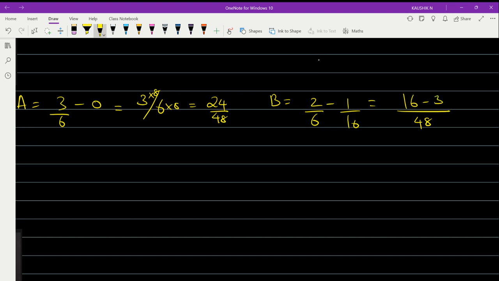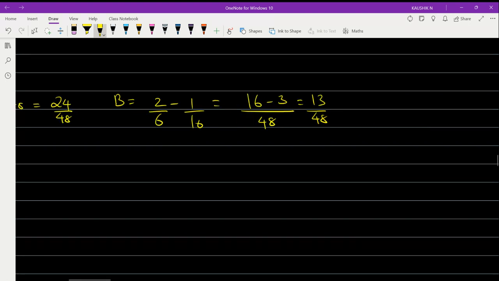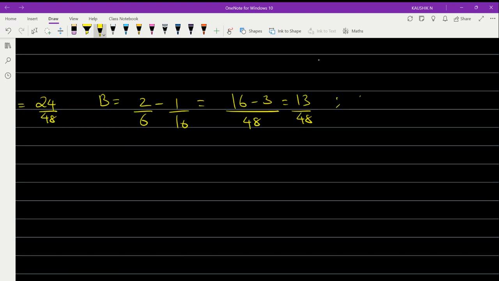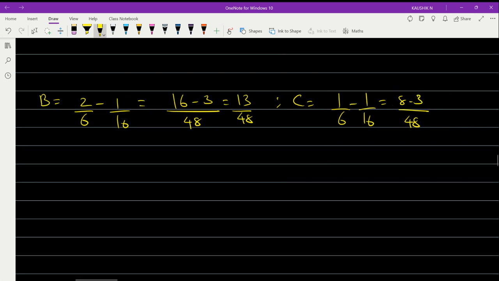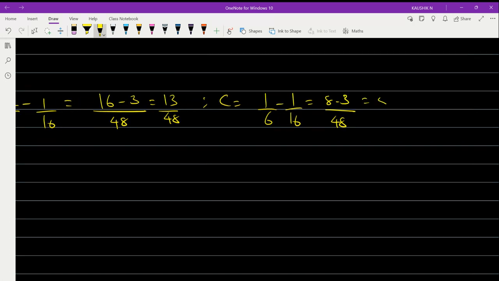That means 16 minus 3, 13 by 48. And for partner C, it is 1 by 6 minus 1 by 16. This again gives you 48, so 8 minus 3 will give you 5 by 48.